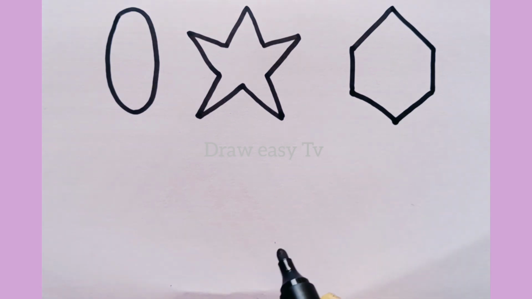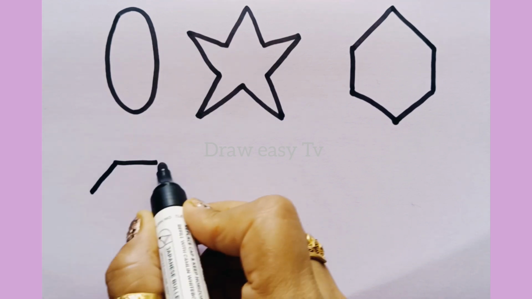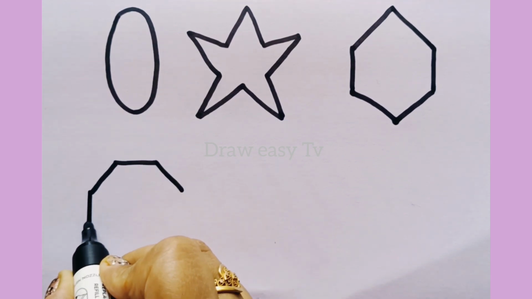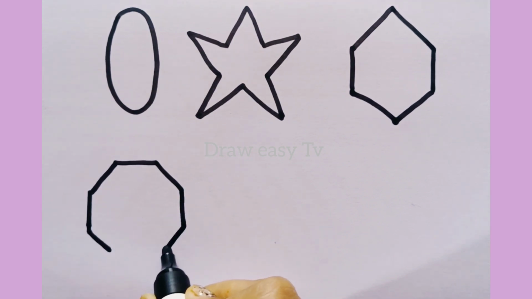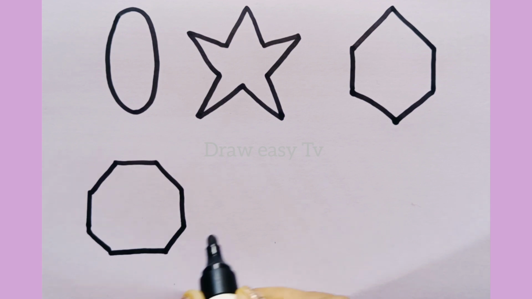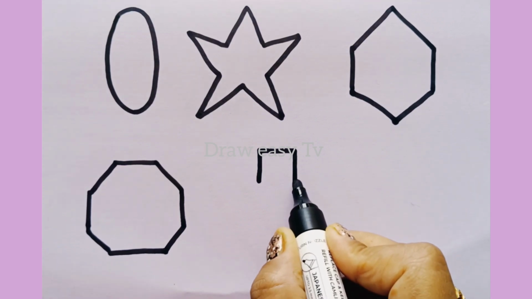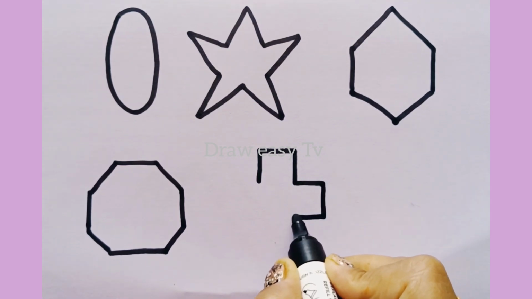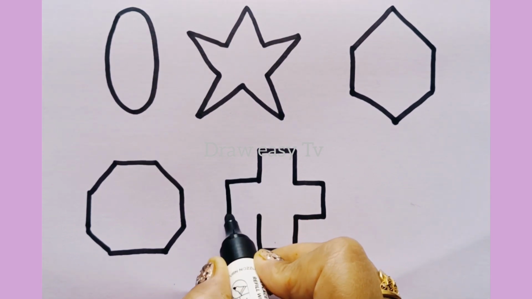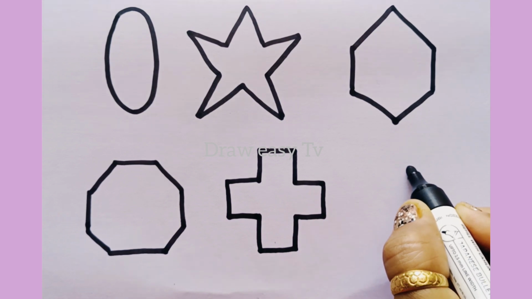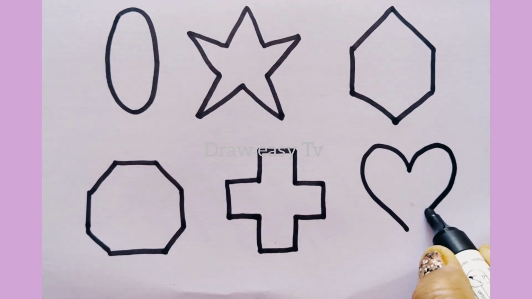It has 6 sides. This is octagon. It has 8 sides. This is cross. It's a heart shape.